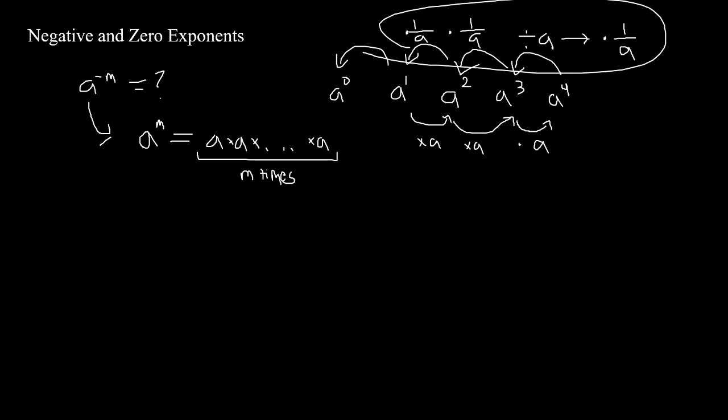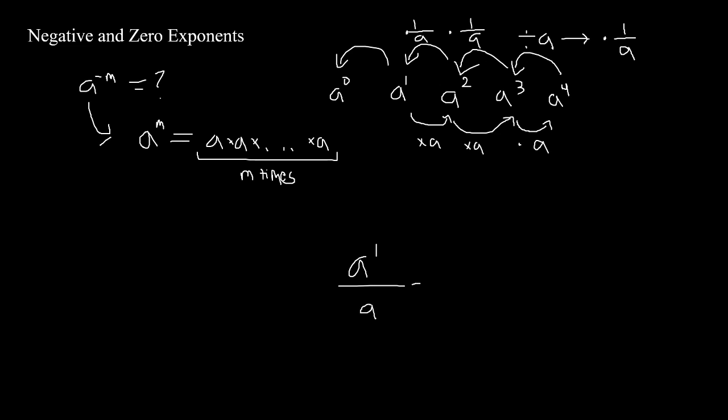So let's continue dividing by a. What's a to the 1 divided by a? Or a over a. This is the same as 1. So if we divide by a again, we're going to get that a to the 0 is equal to 1.